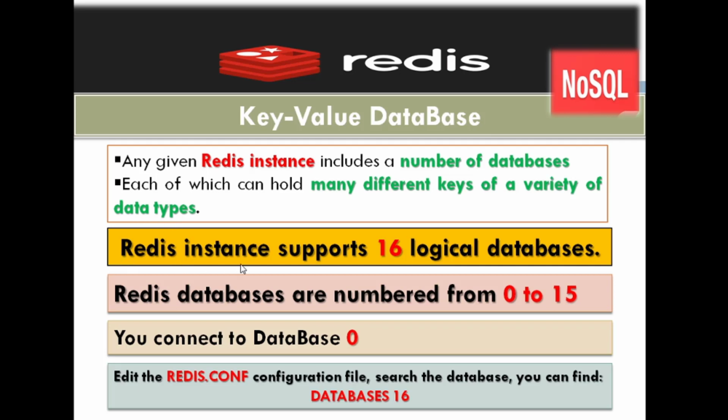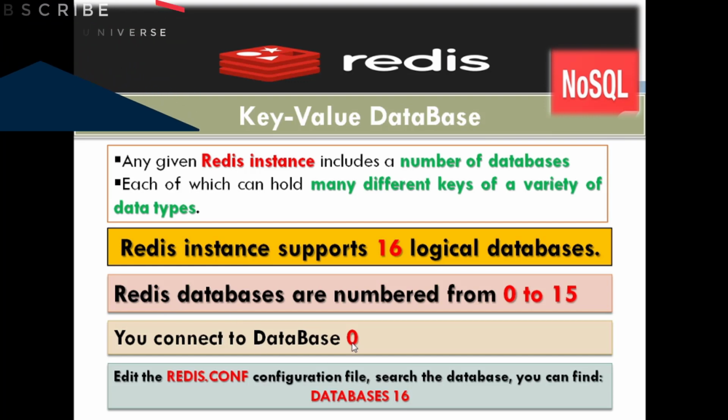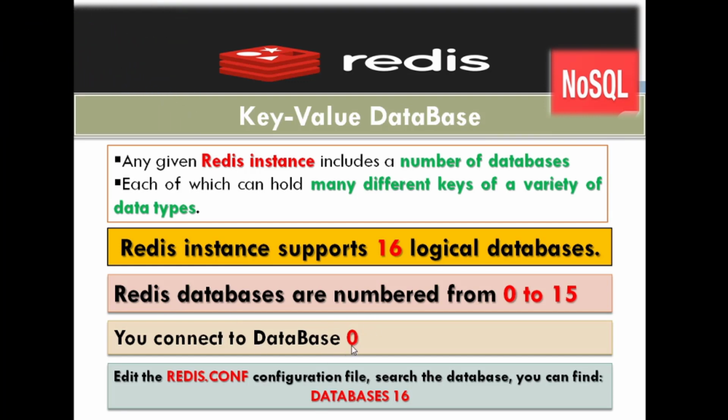A Redis instance supports 16 logical databases, numbered from 0 to 15. By default you connect to database number 0, and you can then select any other of these 16 logical databases.